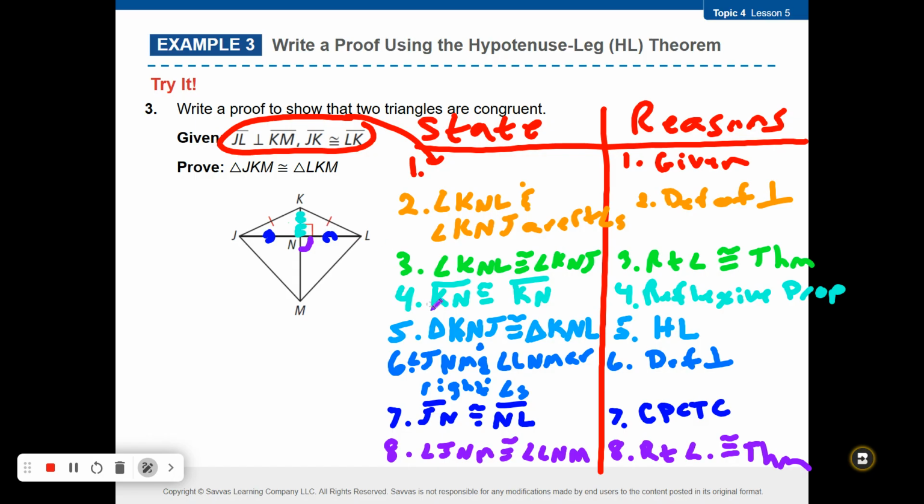So our next step is to do NM is congruent to itself. And that's going to be by reflexive property. Now we can state these two are congruent, but it's not HL this time, it's what? It's side angle side. Do you guys see the difference?